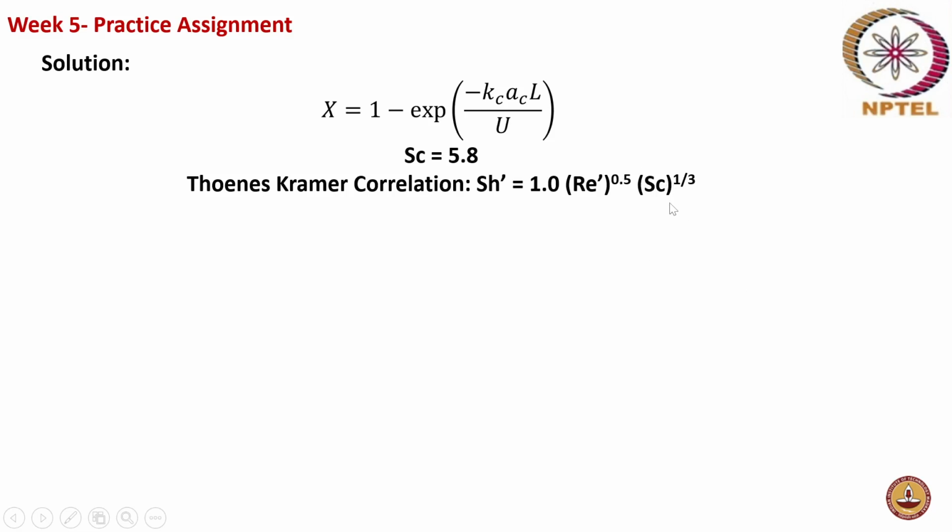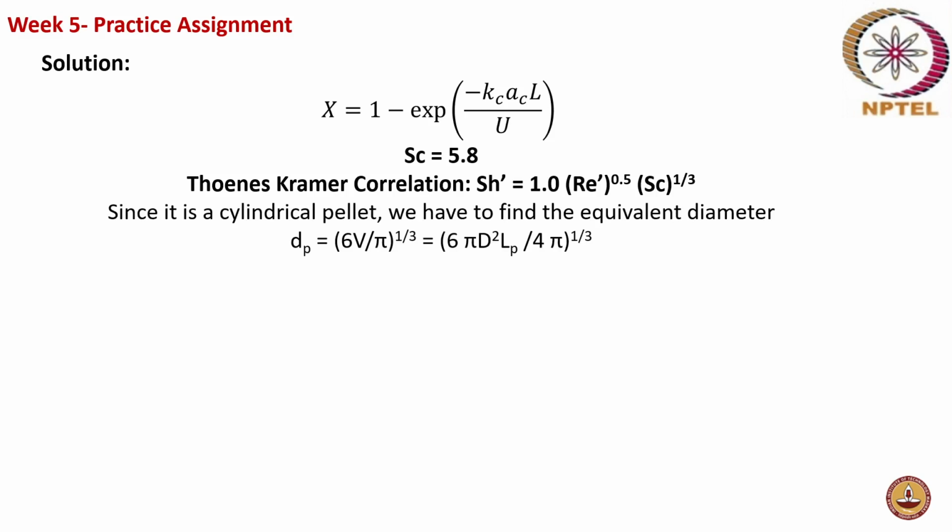It is the same Schmidt number you are going to use in the Thiernes-Kramer correlation, because the Schmidt number is nothing but a ratio of properties only, kinematic viscosity to the diffusion coefficient. Whereas the other terms have your flow behavior and flow related terms.